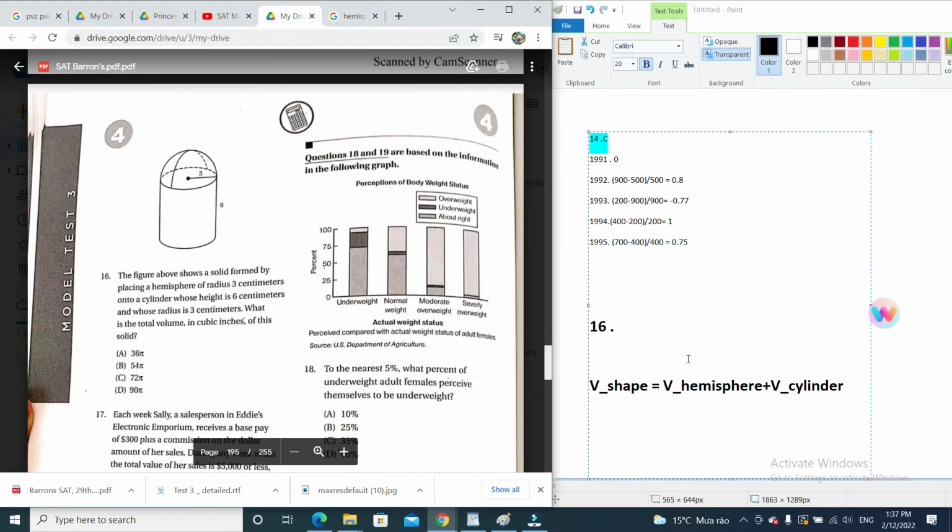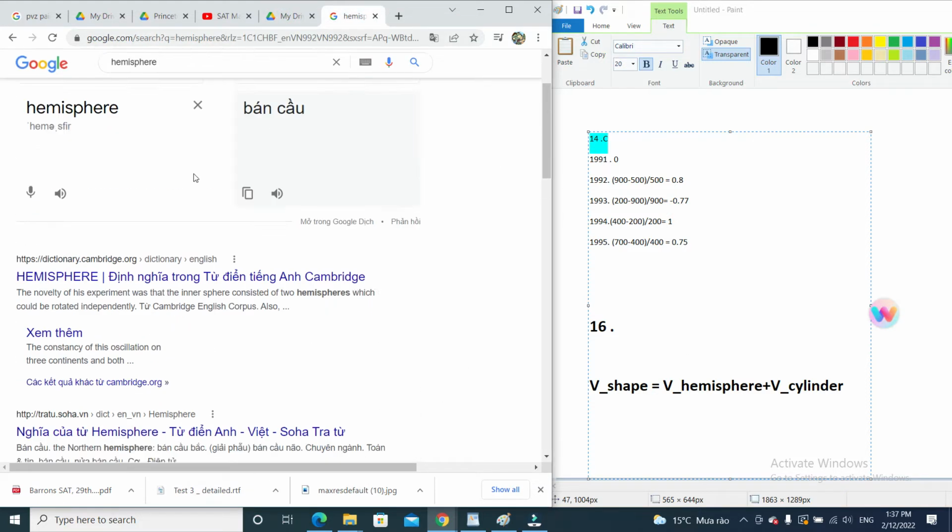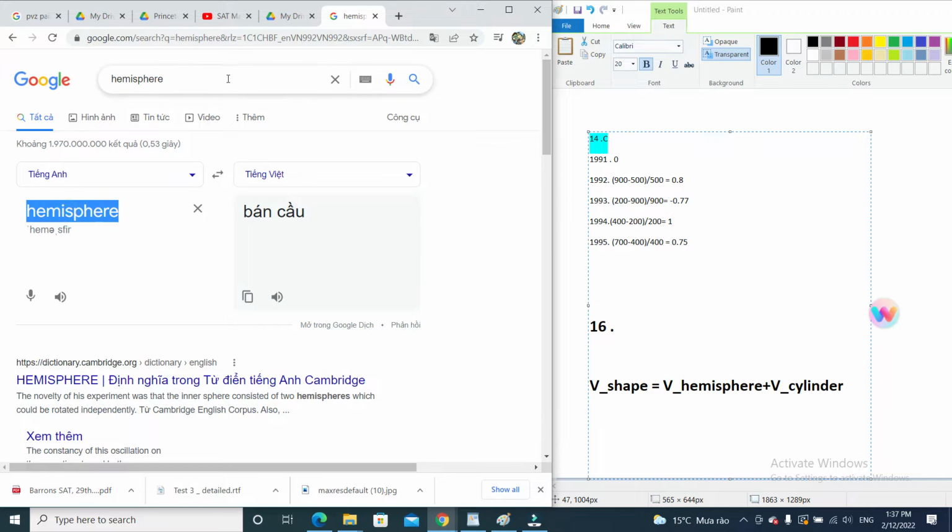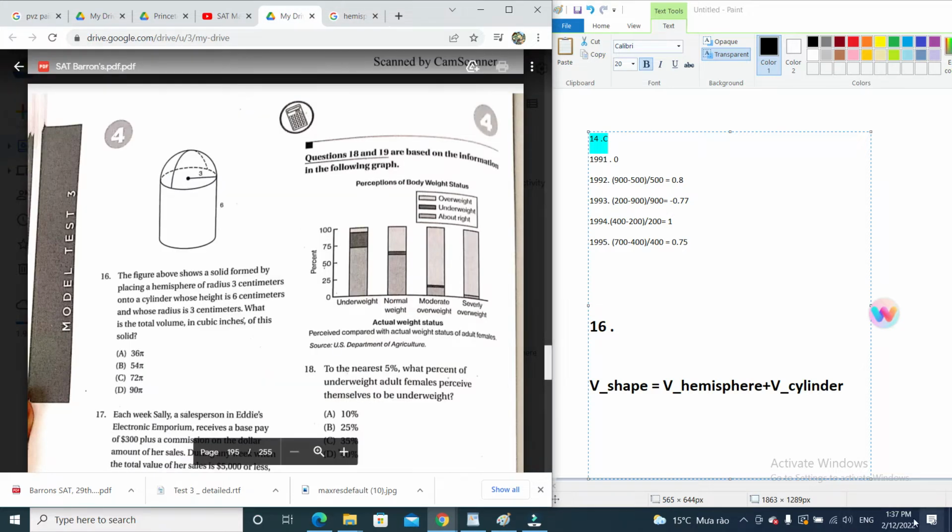Alright, so hemisphere, I was writing it right, hemisphere. So the volume of the hemisphere is just 1/2 of the volume of the... I just forgot the word, sorry.